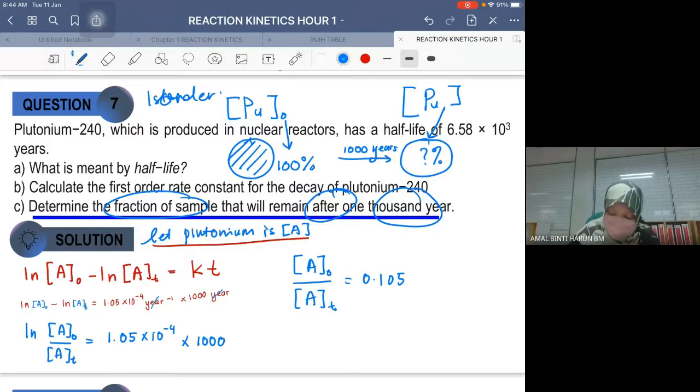So dia nak apa? Fraction sample that we remain. So berapa banyak yang ada? Yang ada mestilah concentration akhir remain. Remain maksudnya yang ada kat sini. Okay, yang tinggal mestilah concentration yang ada per yang asal.